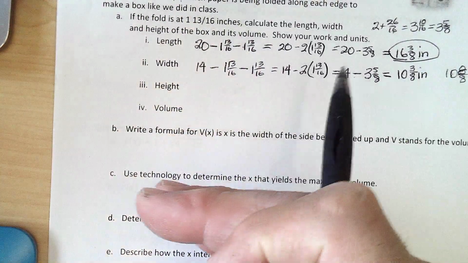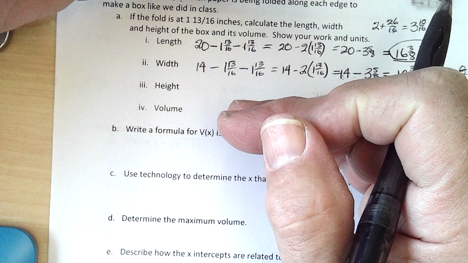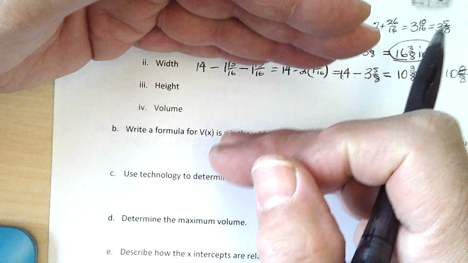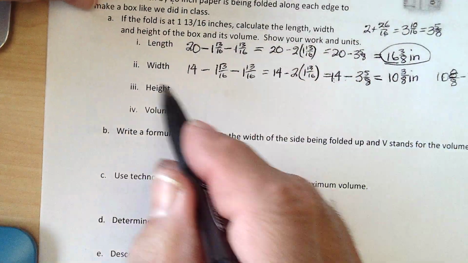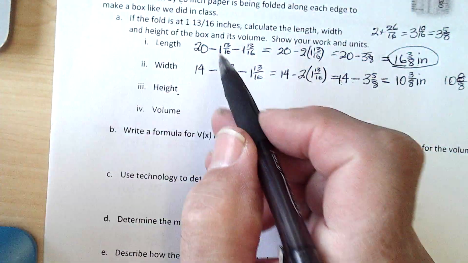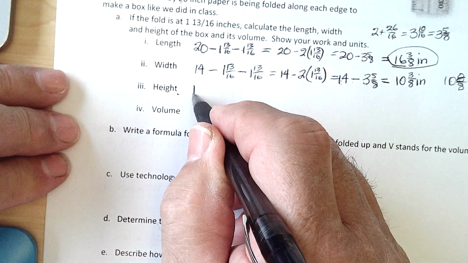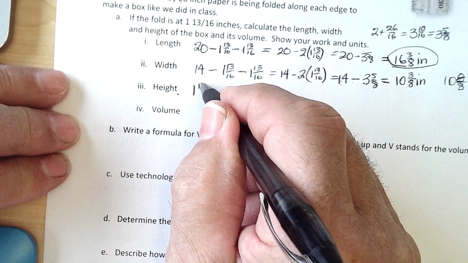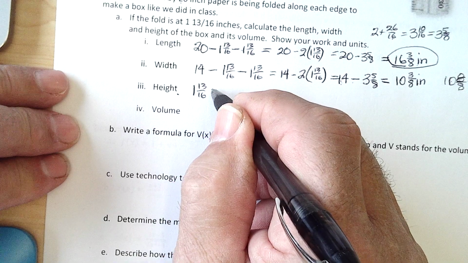My width is 14 minus 1 13/16 on each side. The height is just however high I folded it, which is 1 13/16 inches.